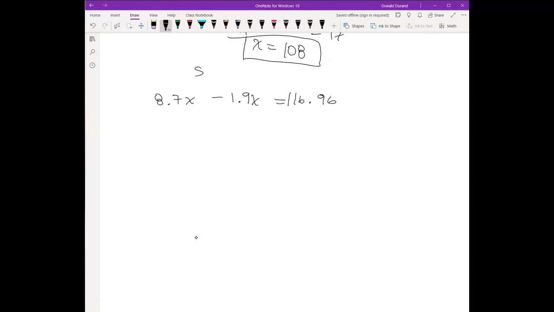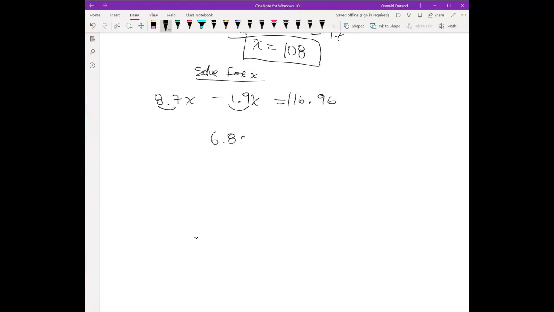This one I'm not sure why you're struggling with, because here you still have to solve for x. You combine the like terms, the x terms, so that means 8.7 minus 1.9. Use your calculator. 8.7 minus 1.9 is 6.8.